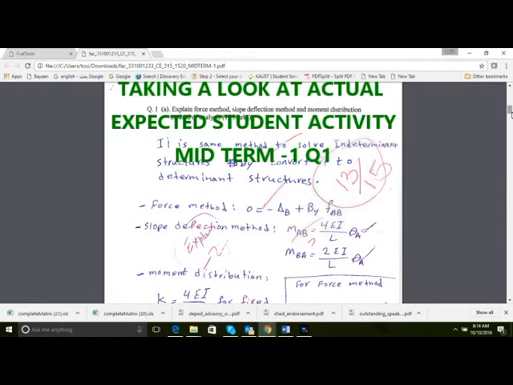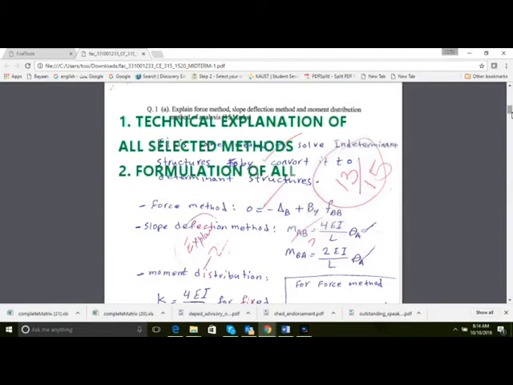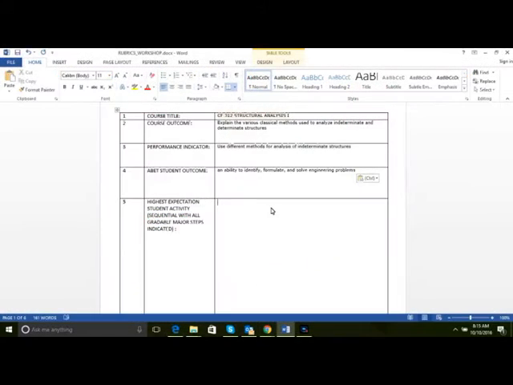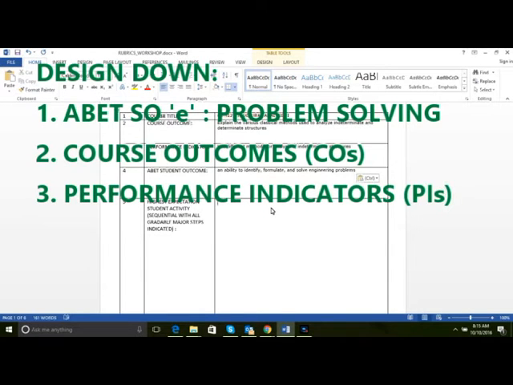We have explanations of methods, we have formulation and diagrammatic sketches for applying the selected methods. The design down principle from EBIT SOs and problem solving to course outcomes and then performance indicators.